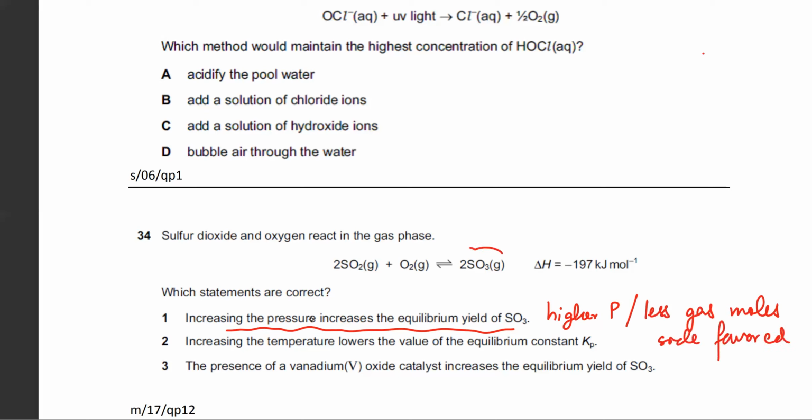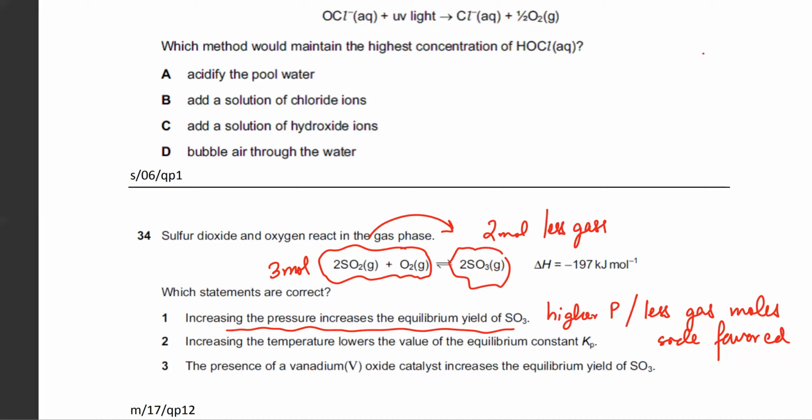The forward side has 2 moles of gas. The backward side has a total of 3 moles. So which is the side with fewer gas moles? That's the forward side.